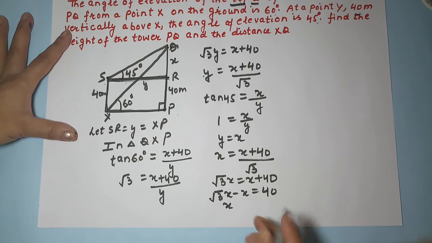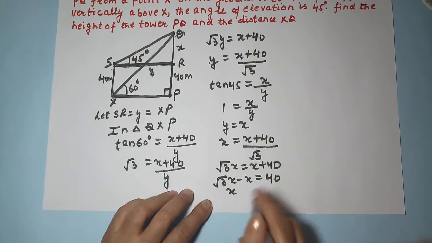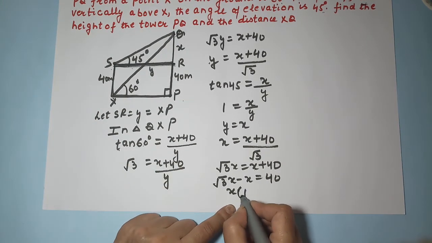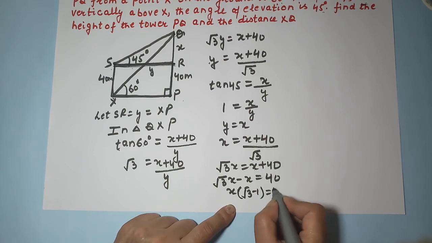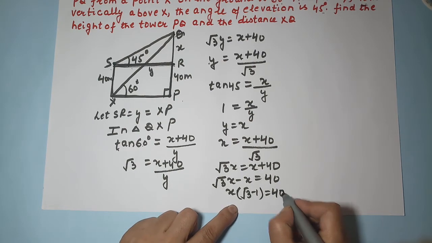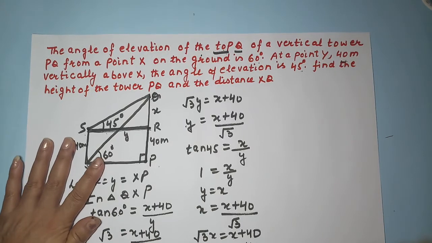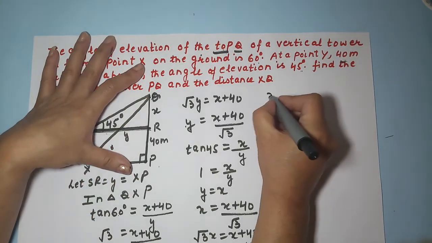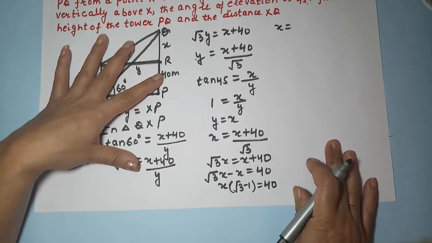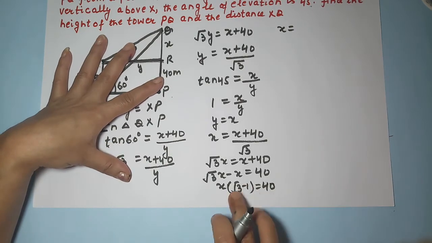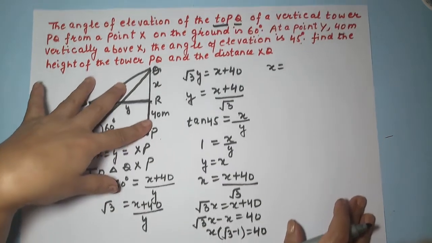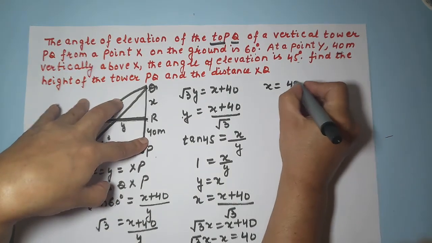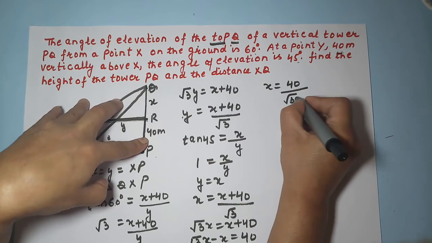If I take X common, what am I getting? X times root 3 minus 1 equal to 40. Right? Now I'll write X equal to 40 upon root 3 minus 1.